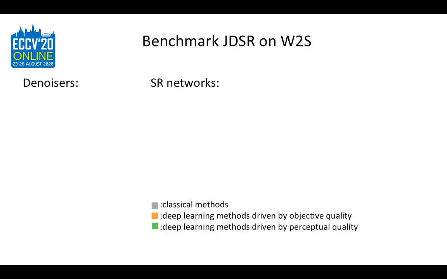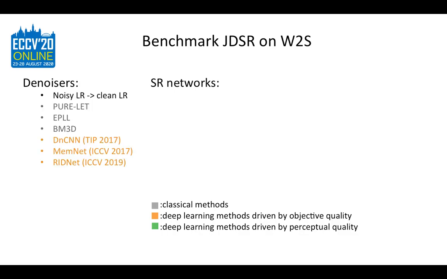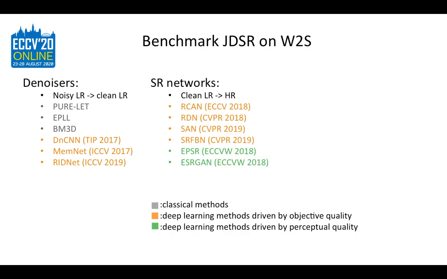We benchmarked the sequential application of state-of-the-art denoising and super-resolution algorithms on W2S. For denoising, we evaluate different approaches from both classical methods and deep learning methods. For the super-resolution methods, we benchmark on 6 representative super-resolution networks, including both distortion-based networks and perceptual quality-oriented networks.